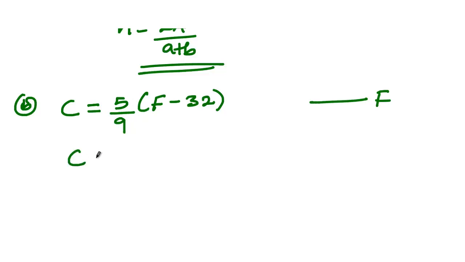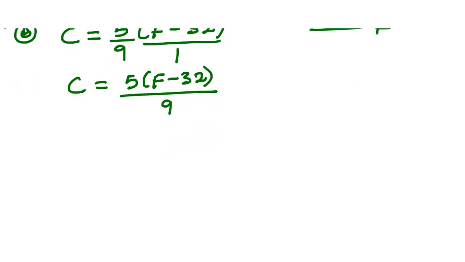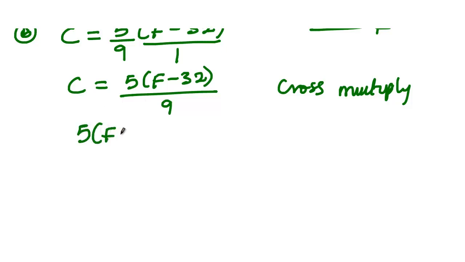We can write this as C will be 5 into bracket F minus 32, everything divided by 9, because in reality this is like over 1. Okay, so 9 times 1, that is 9. So the next thing is for us to cross multiply. So if we cross multiply, we are going to be having 5 into bracket f minus 32 is equal to 9C. So we want to make f the subject of formula, and we can't make it the subject of the formula inside a bracket.